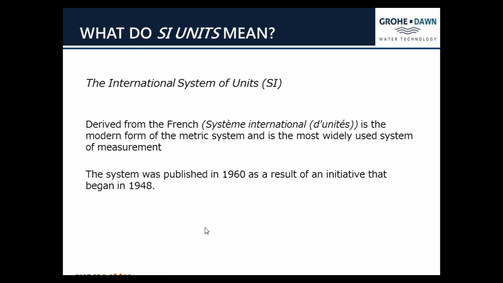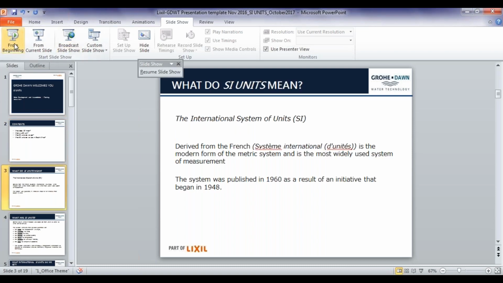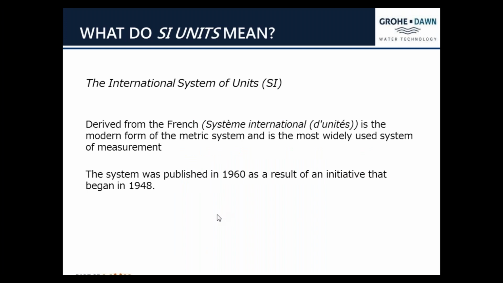First of all, I think it's really crucial to understand what an SI unit means. It's an international system of units. It's derived from the French definition, and I'm definitely not going to attempt pronouncing that.